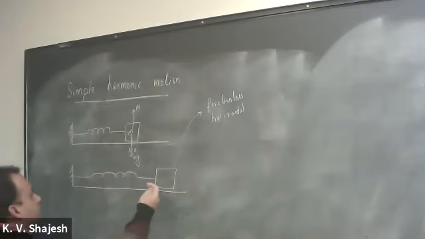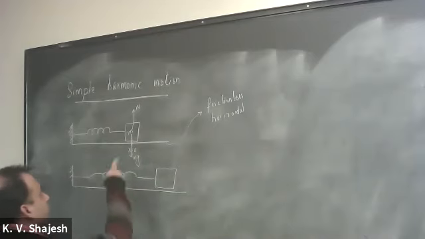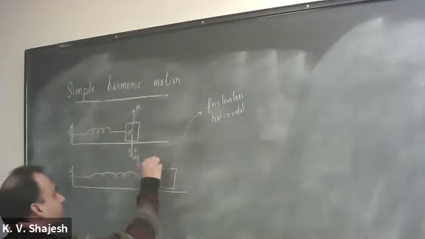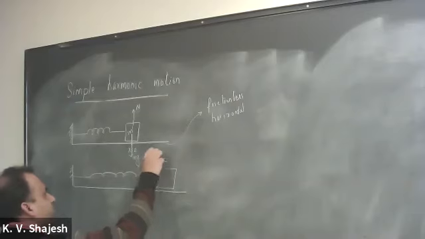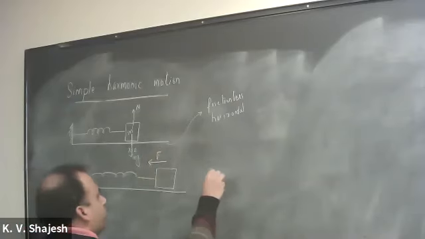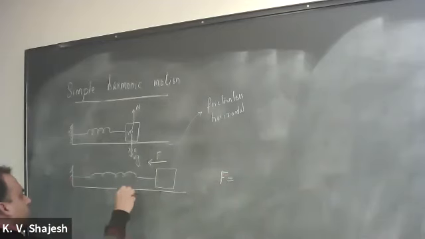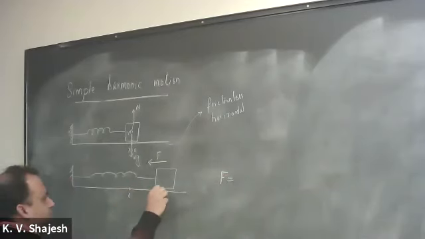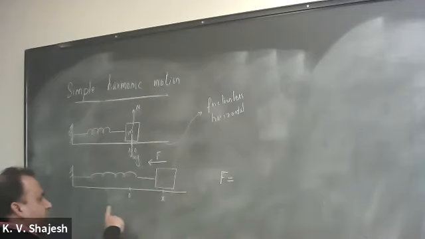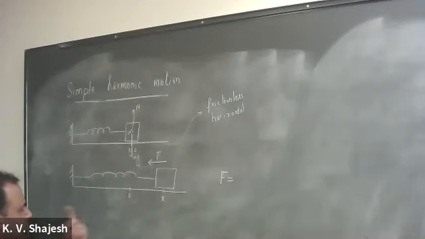Since you have stretched it, the spring tries to pull it towards the equilibrium point, and that's a force F. This was x equal to 0. Let's say this is the amount of stretch you have made. So that's the position x now. x is measured away from 0, how much the mass has displaced from x equal to 0.